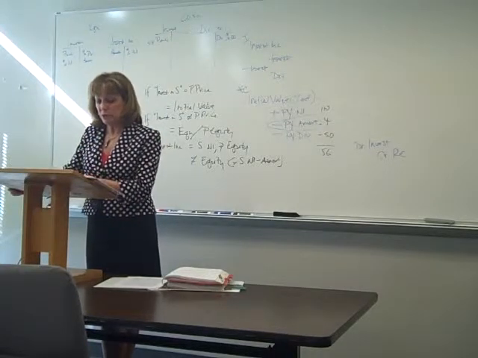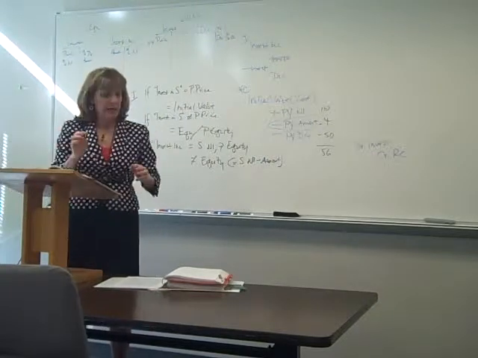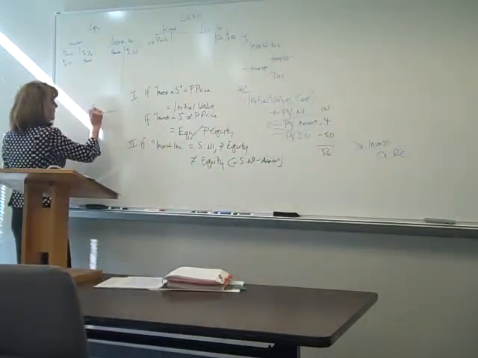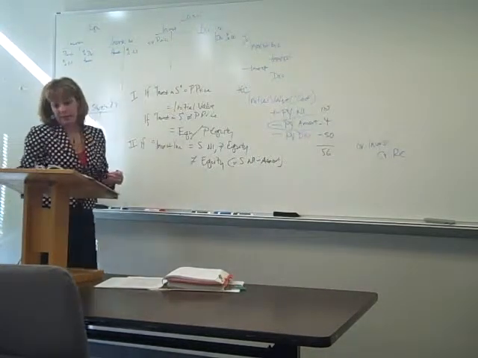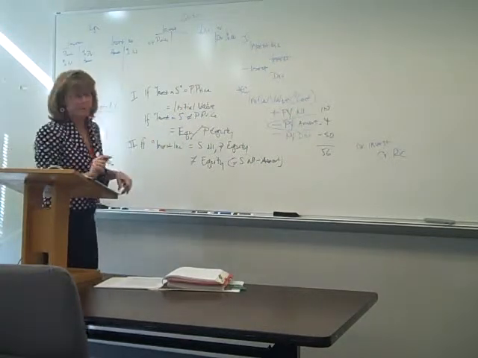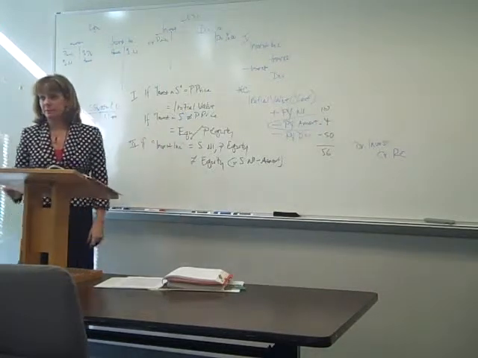The answer is, we look at the retained earnings of Strata. And this is what I know about Strata: on the date of acquisition, Strata had a $1.1 million retained earnings.